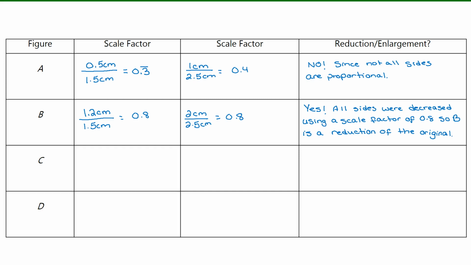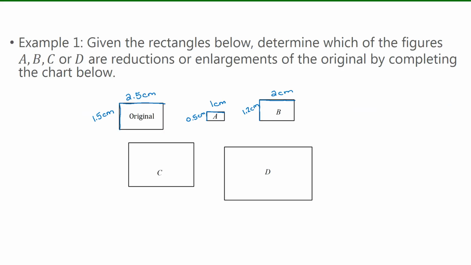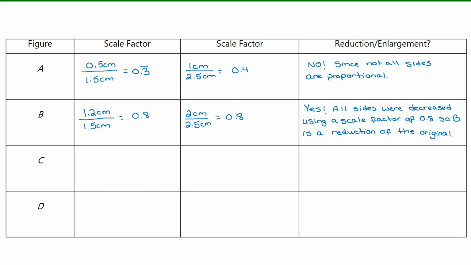Okay, for figure C, measuring the top, I get 3.7 centimeters, and down the side, I get 2.5 centimeters. So setting those ratios up, I get 2.5 over 1.5, which gives me 1.7 repeating.